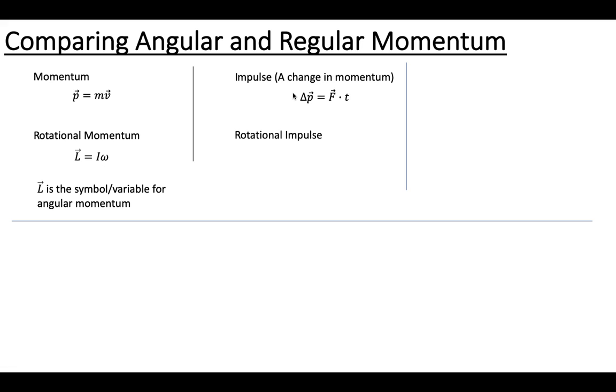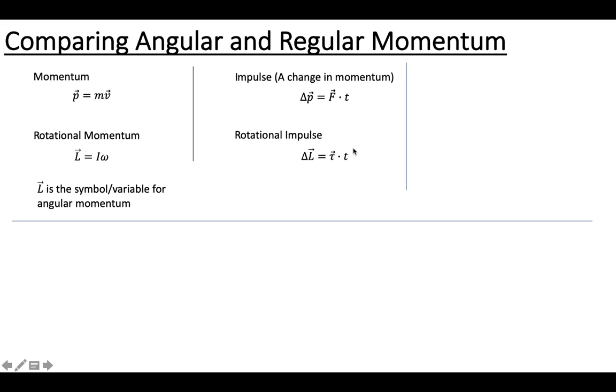It's going to look very similar for rotational impulse, just with all of our regular variables turning into their circular versions. Just like over here, P changed into L, still momentum, P is regular momentum, L is momentum in a circle. Instead of force, we have torque. Remember, what is torque? Torque is a force that makes something move in a circle. The only difference between force and torque is the radius, how far you are from the center, that matters.